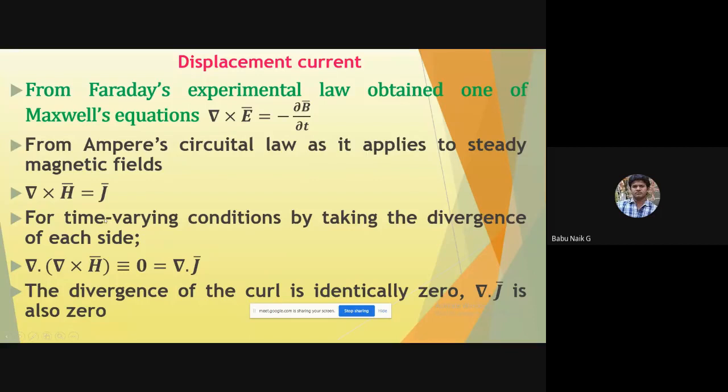So with this divergence, del dot del cross H bar is equal to 0, which is also equal to del dot J bar after taking divergence on both sides, because the divergence of a curl is identically 0 here.